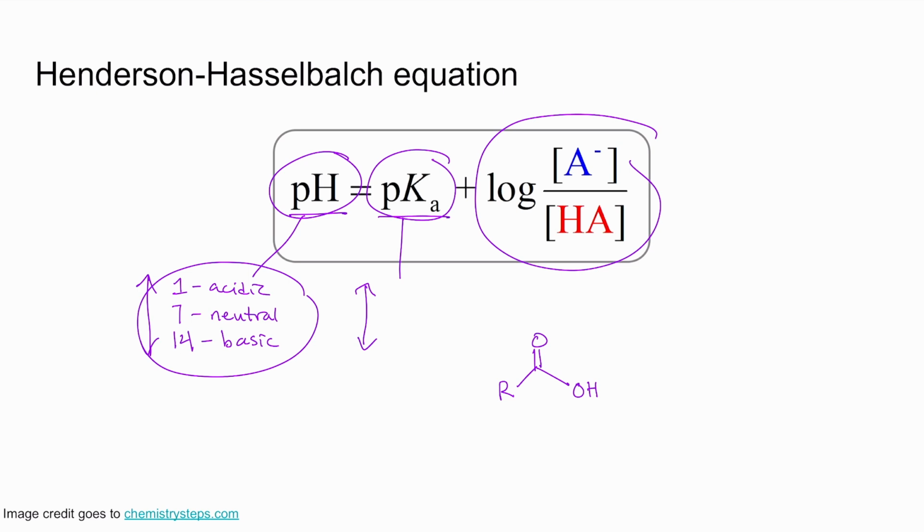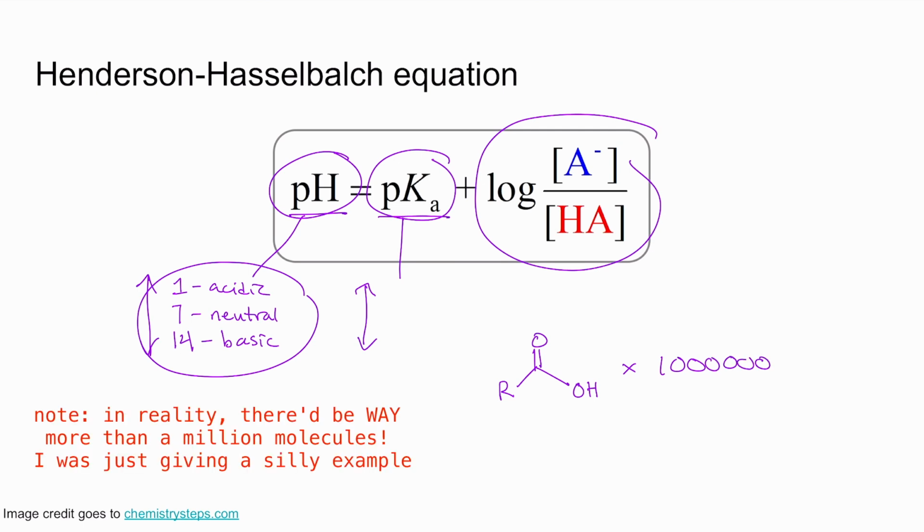Say we had some molecule with a carboxylic acid. In different pHs, these carboxylic acids, let's assume we have a bunch of them in a solution. So times, I don't know, like 1,000,000. So we have a lot of these carboxylic acids.